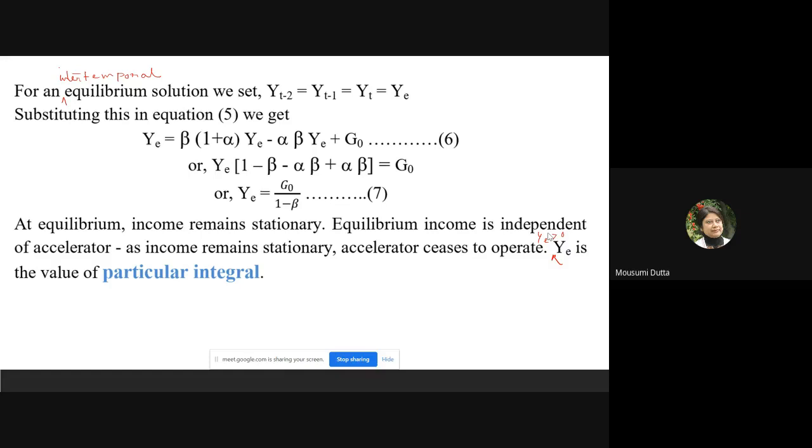So at individual level this happens, and also if you consider the economy as a whole, the aggregate consumption expenditure will follow this kind of principle. Whatever income the economy earned in the last period, on the basis of that, the economy will decide what will be the consumption expenditure.